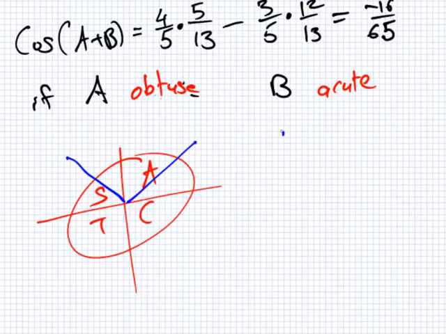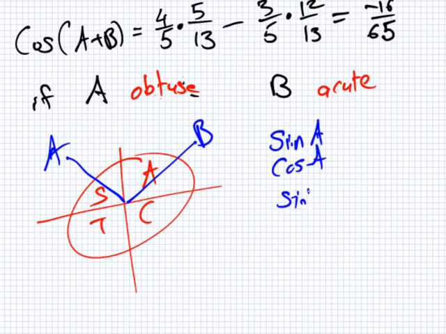So I'll write in, there's A, there's B. So sine A, cos A, sine B, let's make it clear, cos B. Sine A, positive or negative? Positive. Cos A, negative. Sine B, positive. Cos B, positive.